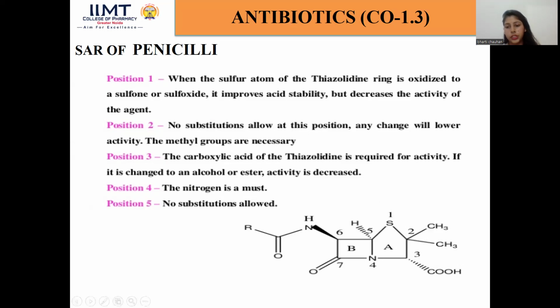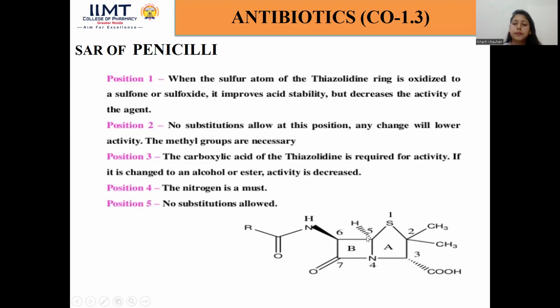At the 3rd position, there is a carboxylic acid present, and when we replace this group with alcohol or ester, the activity will be decreased. At position 4, the nitrogen group is a must for the activity as an antibiotic.